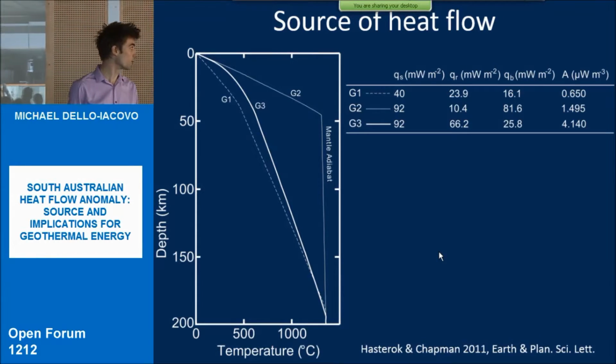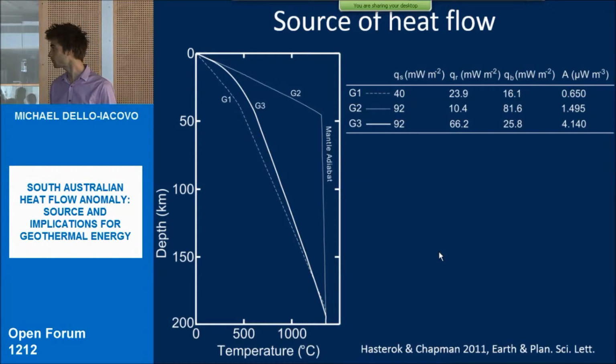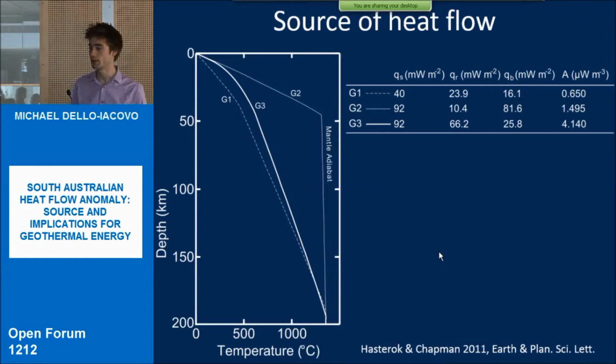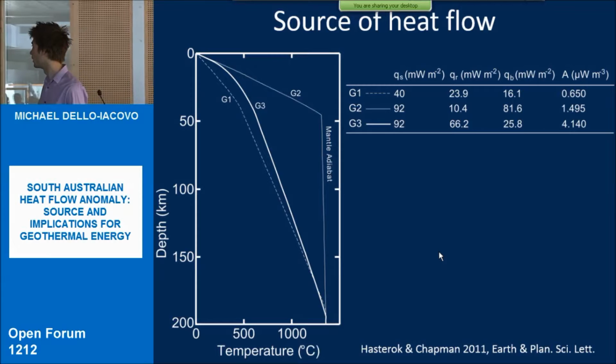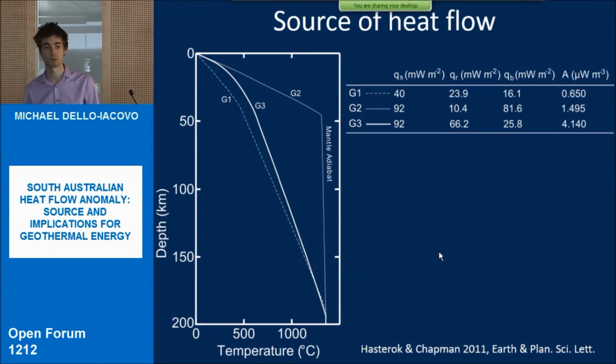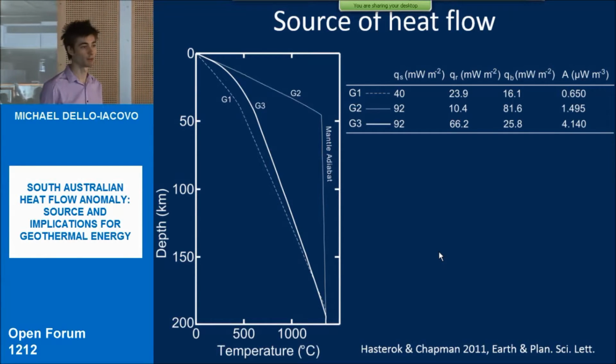And finally, we've modelled 3 geotherms based on the method of Hasterok and Chapman 2011 to show the effect of varying surface heat flow and heat production on the lithospheric thickness. For geotherm 1, we've taken a relatively average Proterozoic heat flow of 40 milliwatts per metre squared and given it a relatively average crustal heat production of 0.65 microwatts per metre cubed.